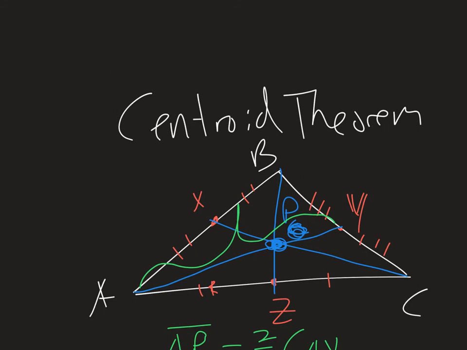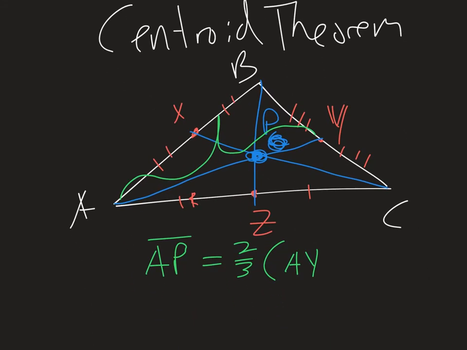And we can say that about any of these medians. So we can also say that in this case, CP is 2/3 of CX. And BP is 2/3 of PZ, and we could also extend that a little further, and we could say, okay, PY is 1/3 of AY.